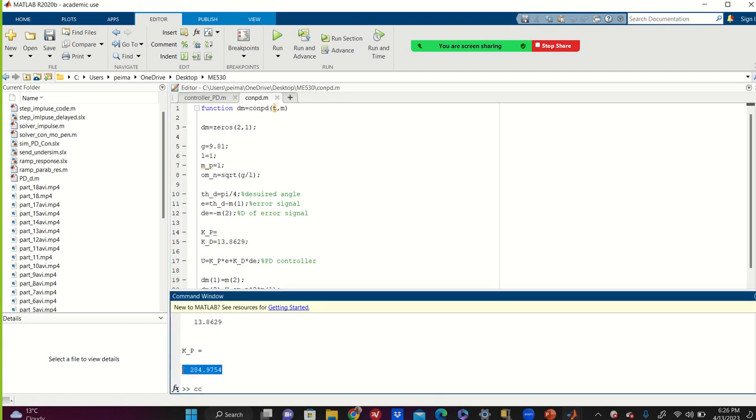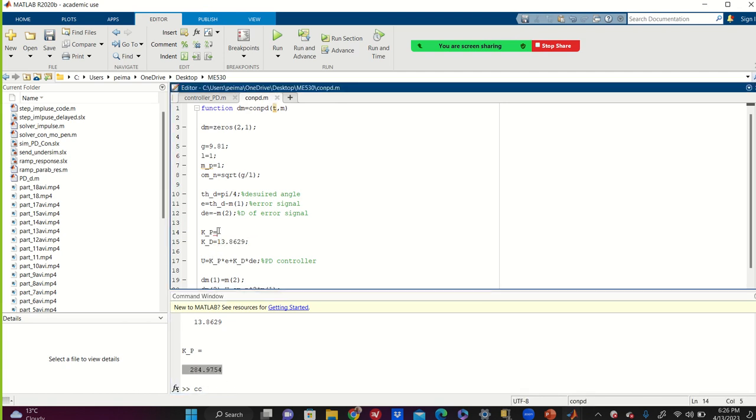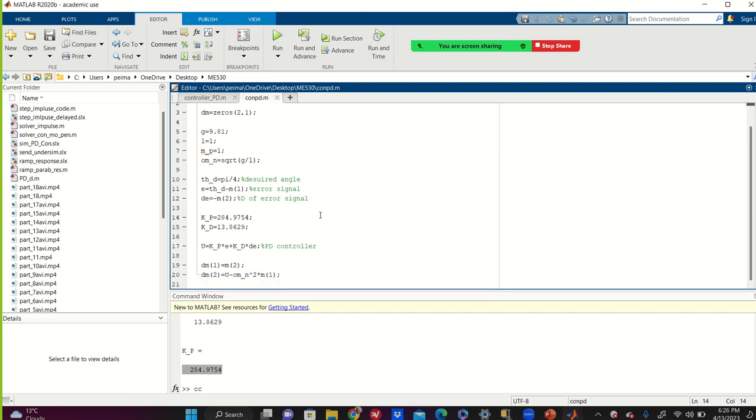Your KP is this. Here we go. Now you have the PD controller in hand. Everybody agree? Yes? You see that this orange line means we don't need that. So comment it in your code if you don't need that.